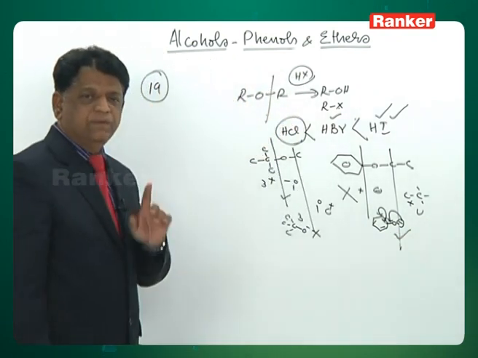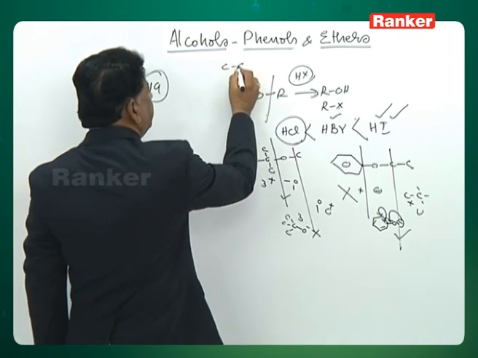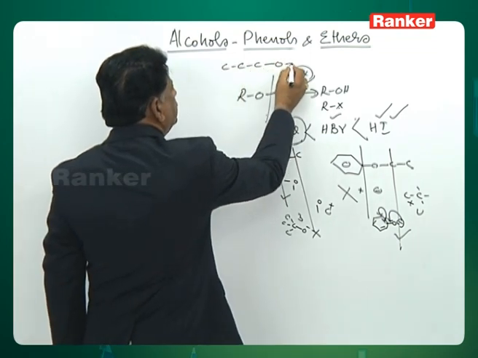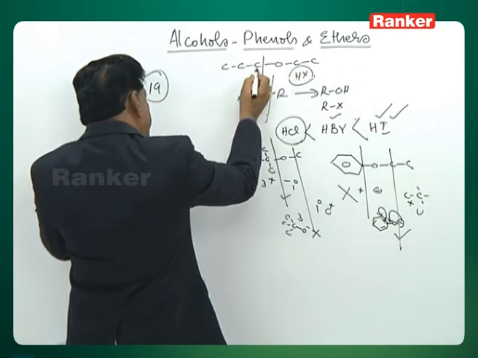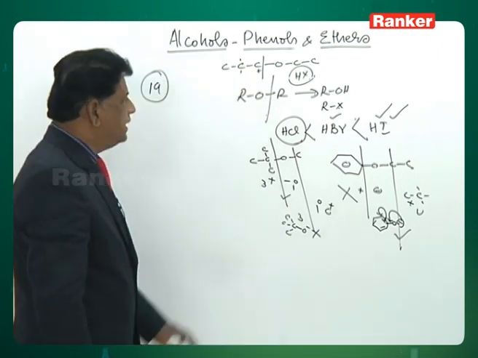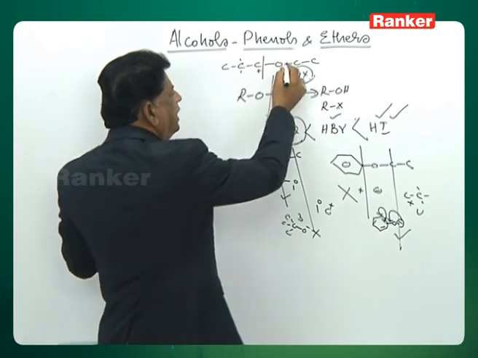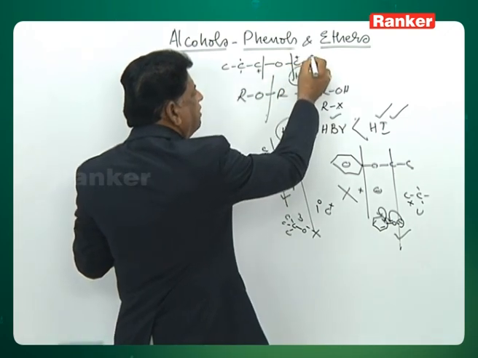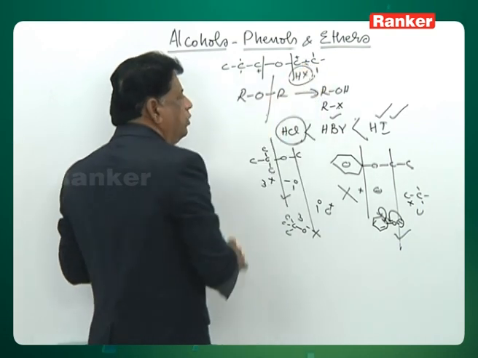Now here also is the question. If you see carefully, on one side 3 carbons are given, on one side 2 carbons are given. If I break here, you will get a carbocation supported by 2 hyperconjugations and one alkyl group. If I break here, you will get a carbocation supported by 3 hyperconjugations and one alkyl group.